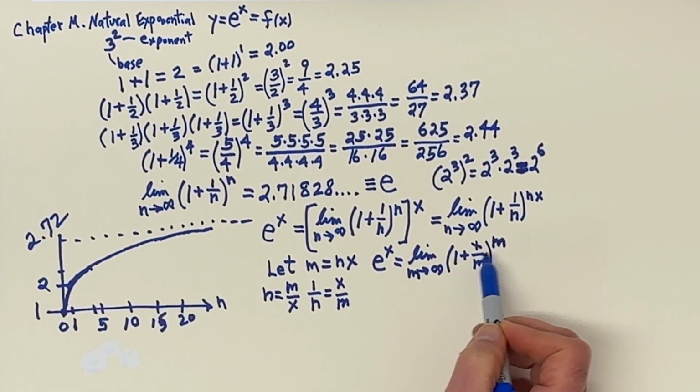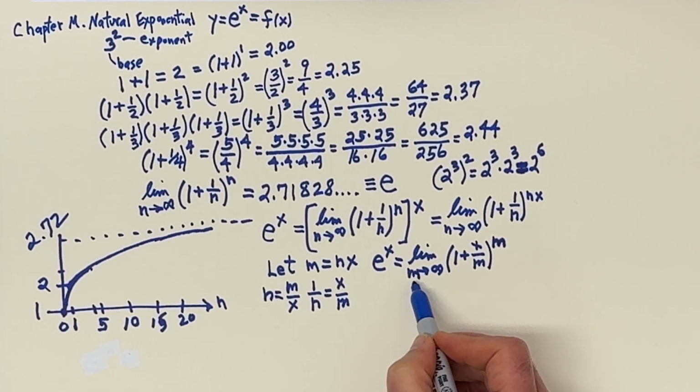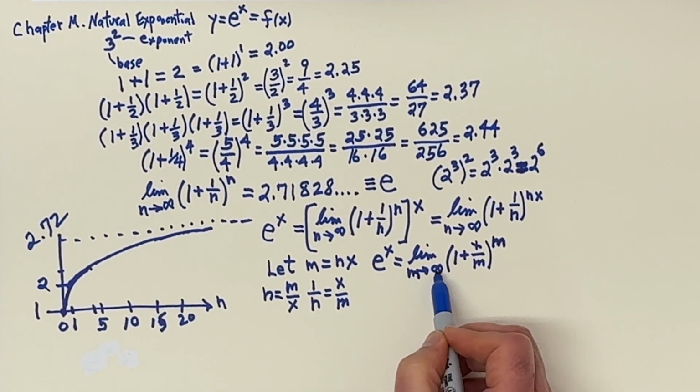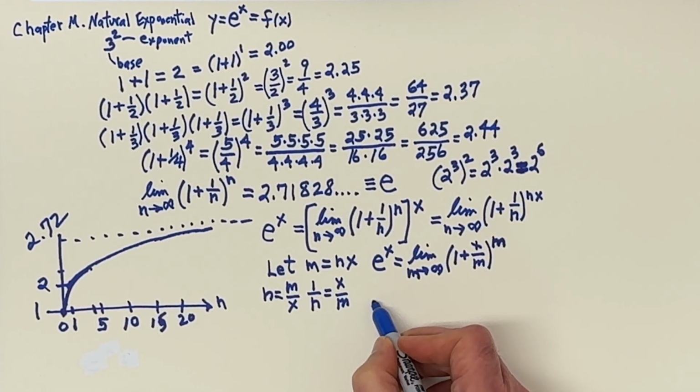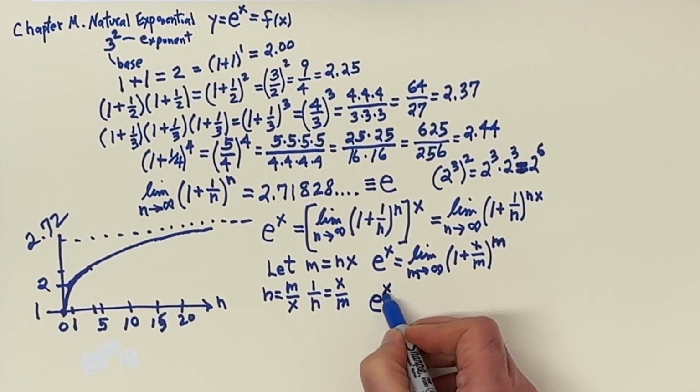Since I don't have any n's in here, we would like to replace that limit of n going to infinity with m going to infinity. So let's go ahead and do the relabeling.